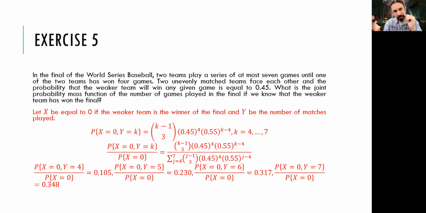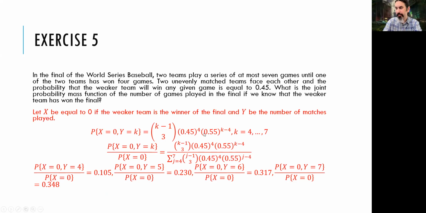So removing the last game, you need to win 3 other matches from k minus 1 games, which can be 6 games if we have won at the 7th game, or 3 games if we have won at the 4th game. But it's k minus 1 anyway. So this k minus 1 choose 3 comes from there.